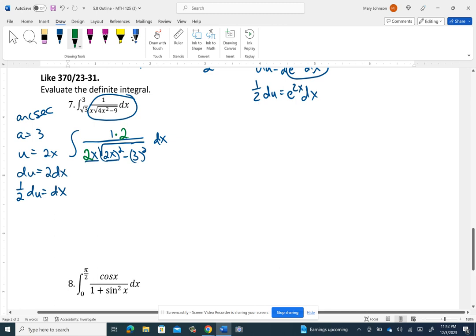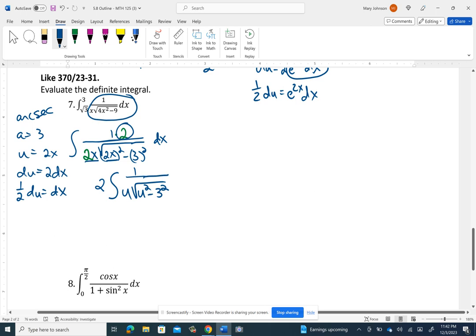All right. So now I'm going to get things so they look like the arc secant problem. So I'm going to pull this constant out in front, this 2. And then what I really have now is what I wanted, which is a u and then square root of u squared minus the 3 squared.